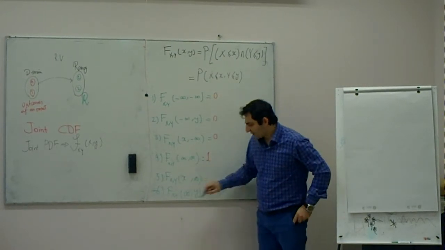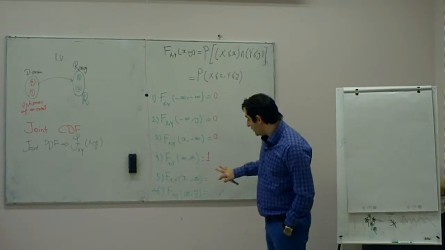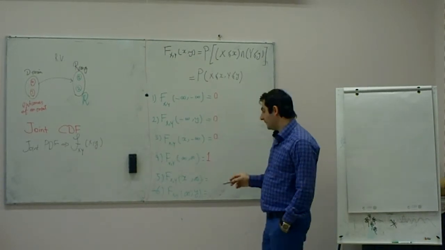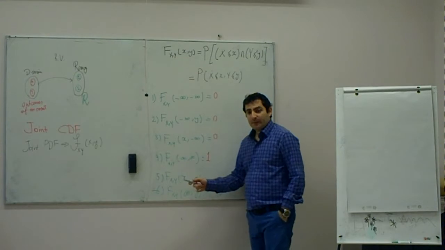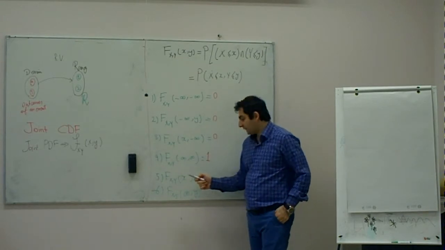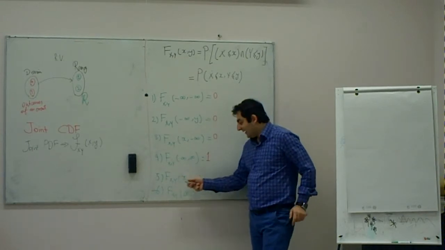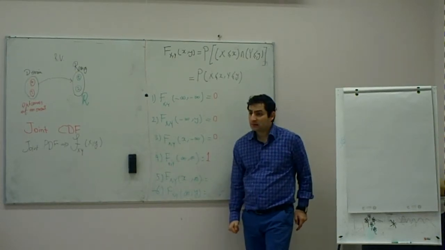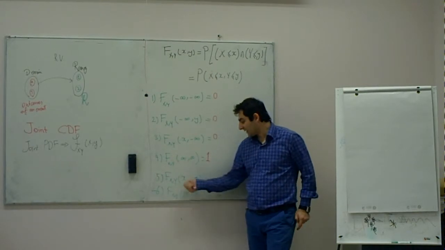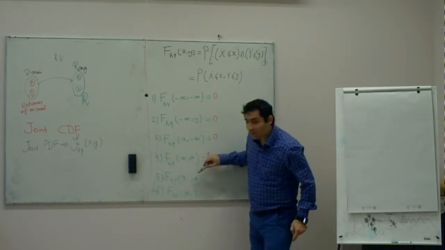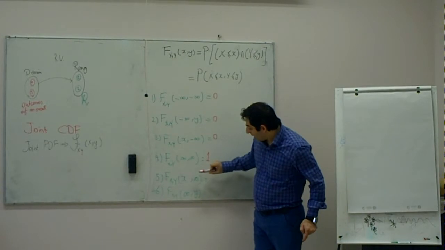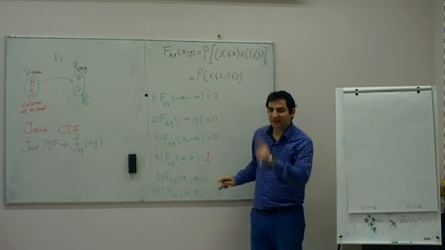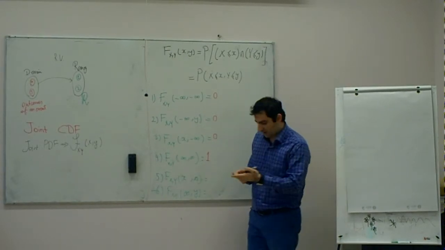Now, there are two specific values that we have to know. We will use these a bit later. The joint cumulative distribution function of x and y, at x and plus infinity. Now, the probability of Y less than infinity is 1, right?